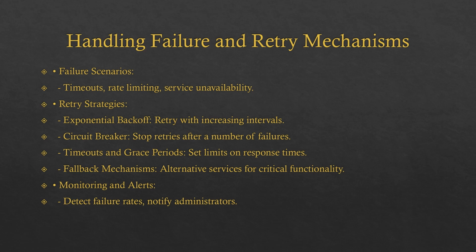A circuit breaker can also stop retries after a number of failures, preventing our system from being overwhelmed. Setting timeouts and grace periods helps manage response expectations, and fallback mechanisms can switch to alternative services if necessary. Monitoring and alerting mechanisms are crucial for tracking failures and notifying administrators.